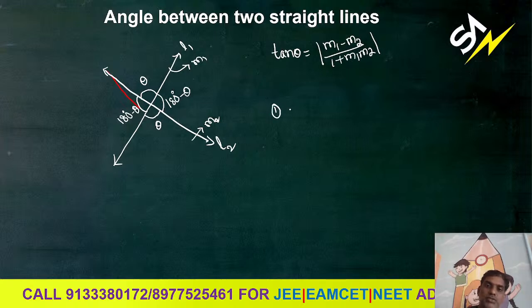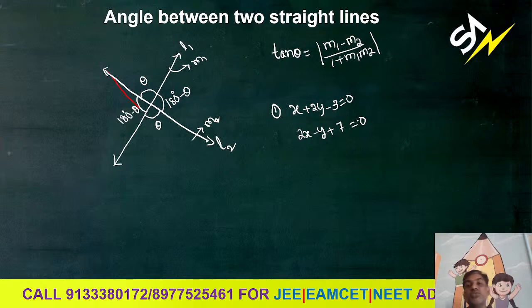Suppose we have the questions like x plus 2y minus 3 equal to 0 and 2x minus y plus 7 is equals to 0. We need to calculate the angle between these two straight lines. How do we get that angle?